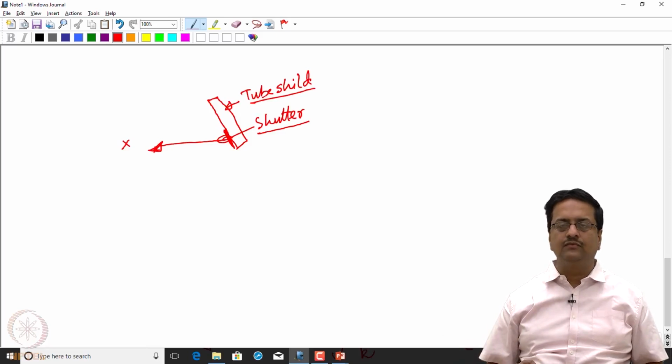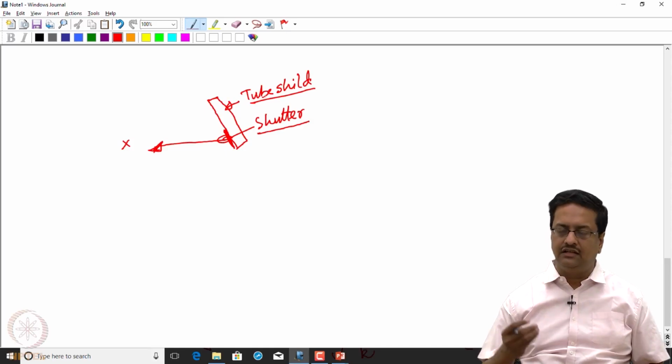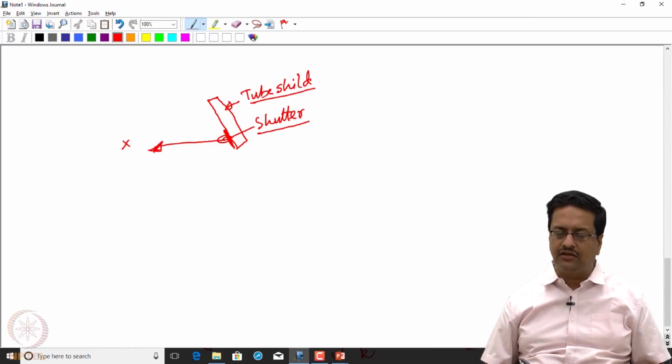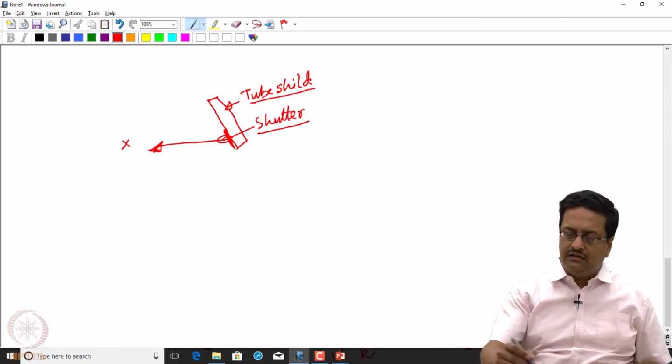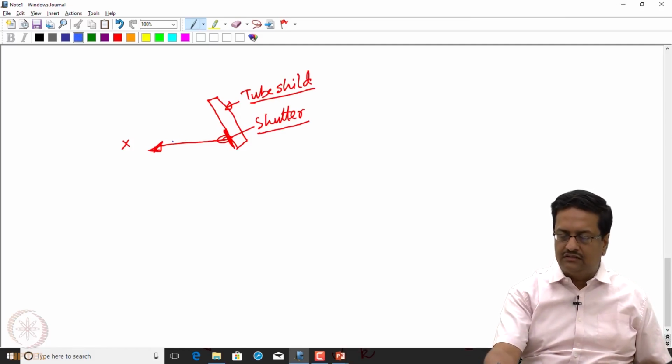So this is one main shutter that one operates during a data collection. The main shutter opens and it allows the X-rays to come outside the tube, and then in the beam path here we have a set of optics.